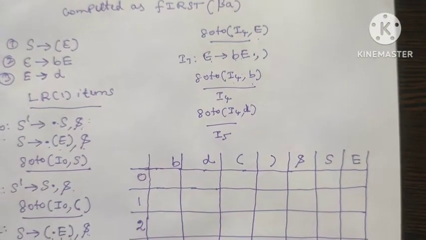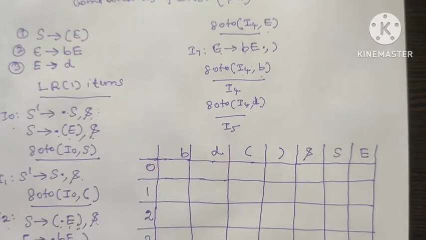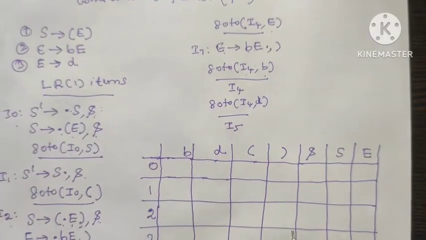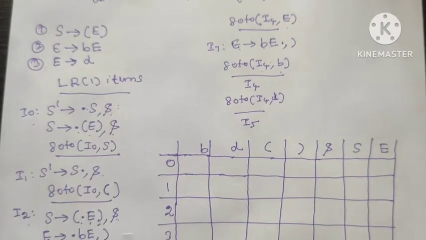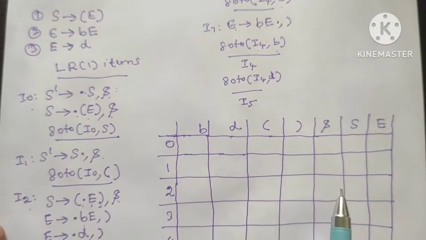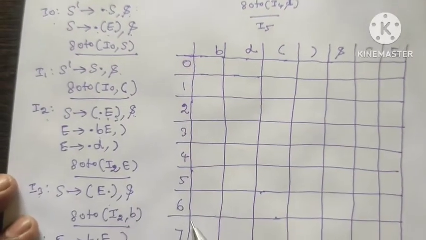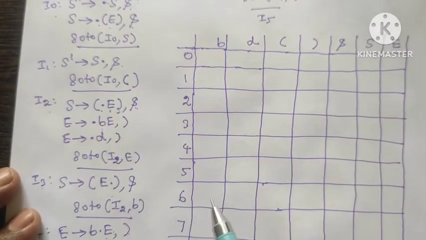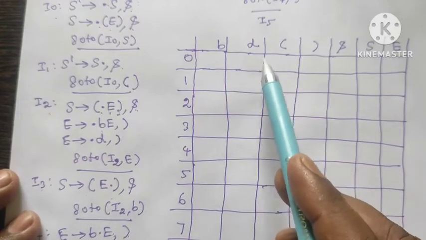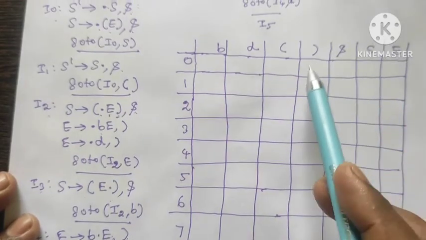Now what we have to do is construct a parsing table for this. So what is a parsing table, and how to construct it? You see how many item sets we have. We have item sets spanning from I0 to I7. So in all the rows write the item sets, spanning from 0, 1 up to 7, which I have written here. Next, write all the terminals in the columns and all the non-terminals in the columns.